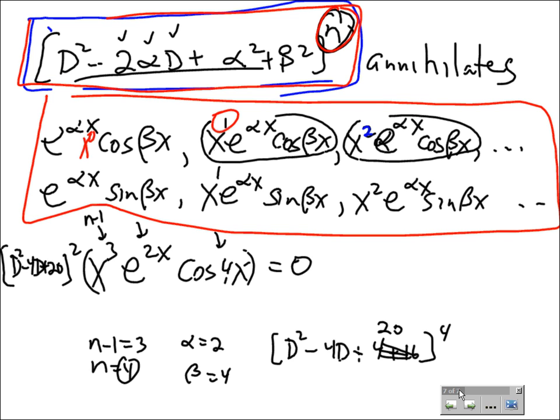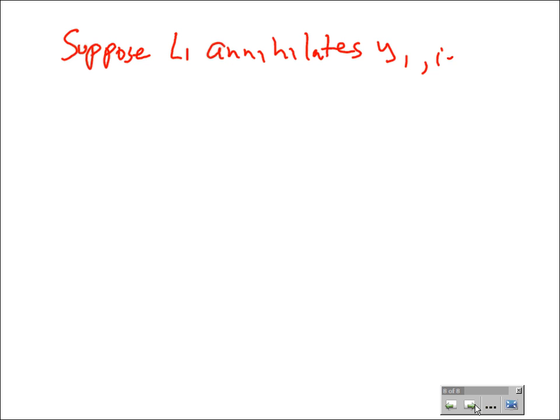A little bit more theory, and then we can go into problems. So suppose, and this is very important, suppose L1 annihilates y1. That is, L1 of y1 is 0. And L1 is some differential operator. Maybe it's D squared plus 3.